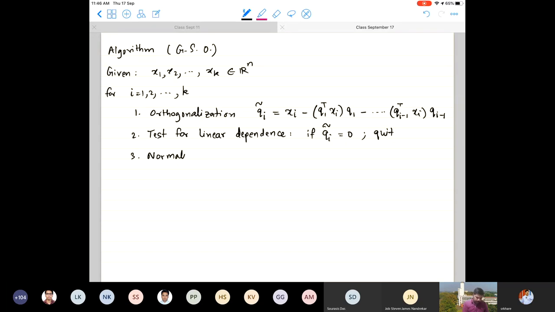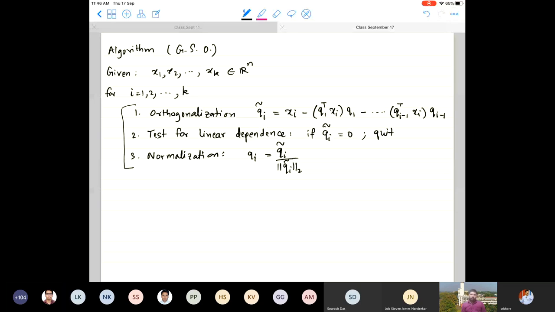And normalization. So what is the normalization? I form qi to be equal to qi tilde divided by the norm of qi tilde. Okay. So these are the three steps I keep on doing for i equal to 1 to k.